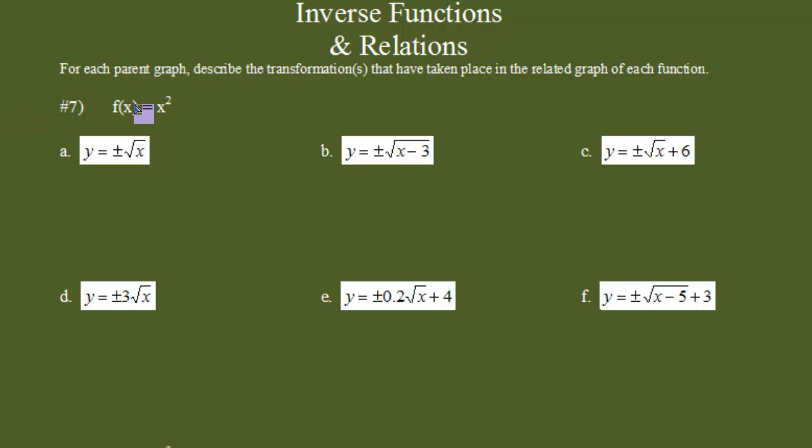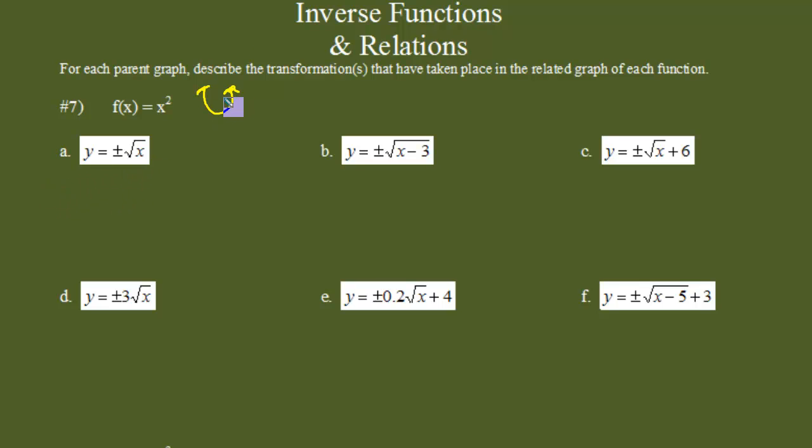Number 7, for each parent graph, describe the transformation or transformations that have taken place in the related graph for each function. Well, this graph here is a parabola that opens up. Y equals plus or minus the square root of x, that's the inverse.